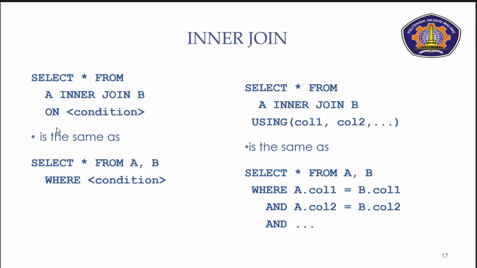For example, if we use inner join, the template or format is like this. It is the same as using the where condition with this condition. And for example, this one is using inner join, using column, and this gives the same result as using selection with where condition and so on.